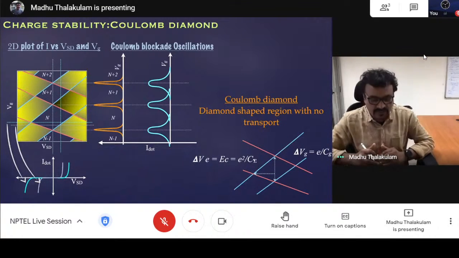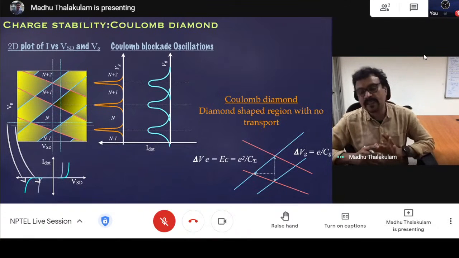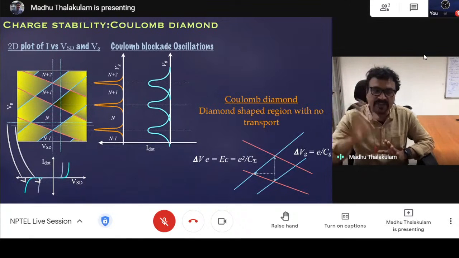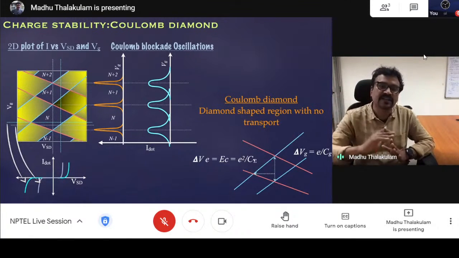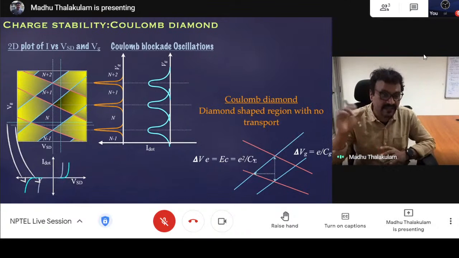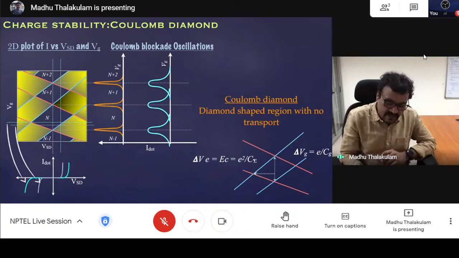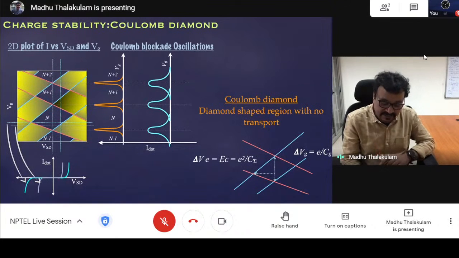So, usually these quantum dot measurements are done with a combination of both source drain and gate voltages varying. In one axis, you vary the source drain voltage, and on the other axis you vary the gate voltage. In this specific case, it is a cartoon. I will show you the real data very soon.